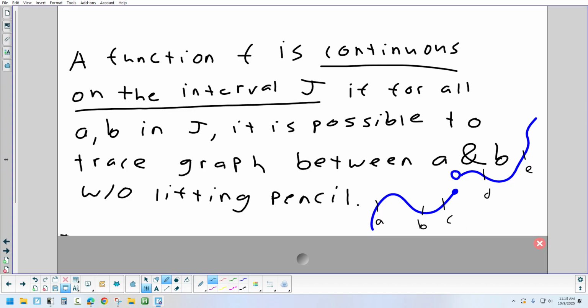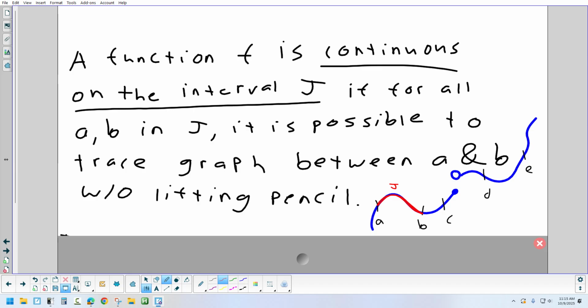So if a function is continuous over a certain interval, let's say we're looking at this interval right here, from A to B, that section I just traced. I'm going to name that section. I'm just going to call it section J. That's just the name I used.